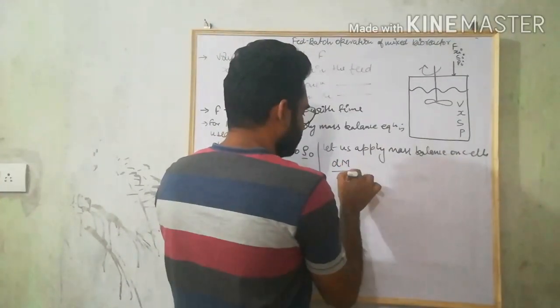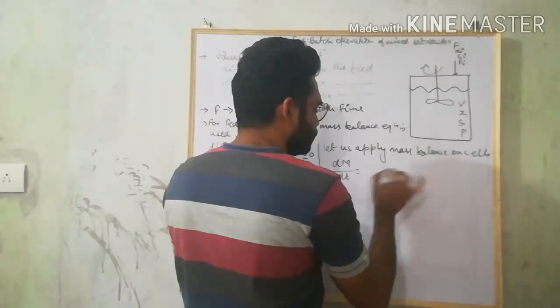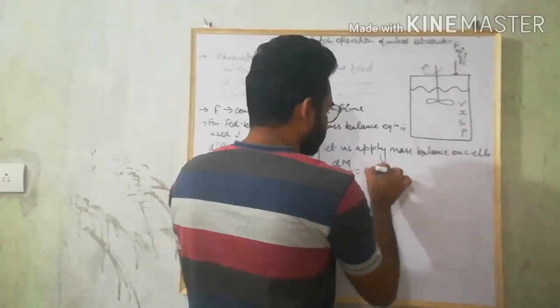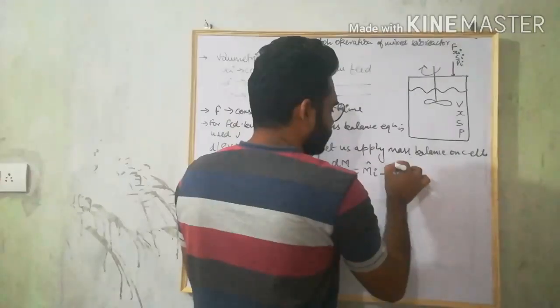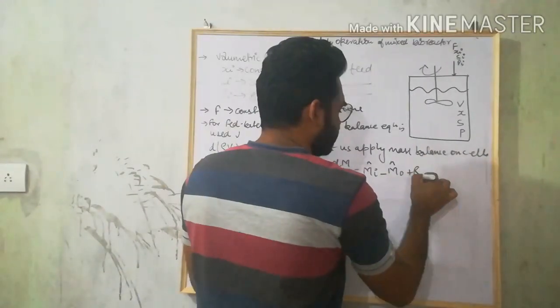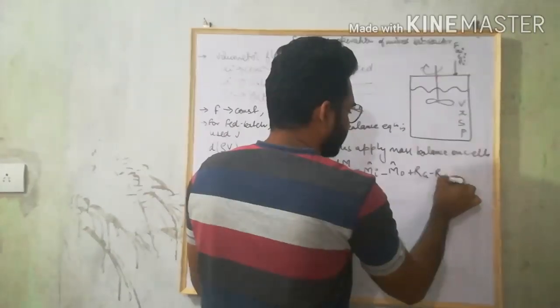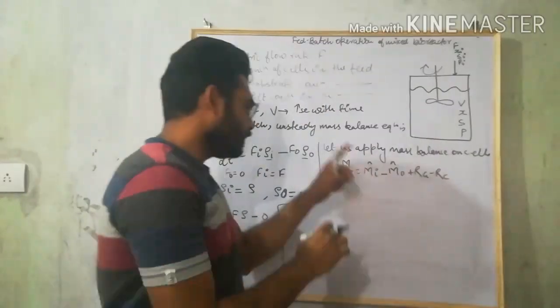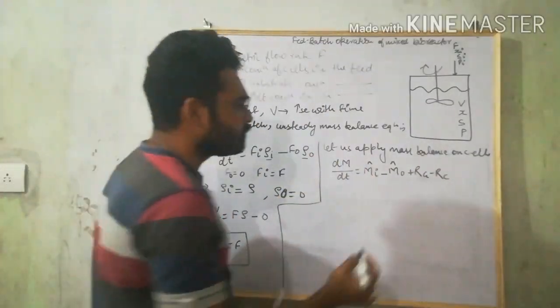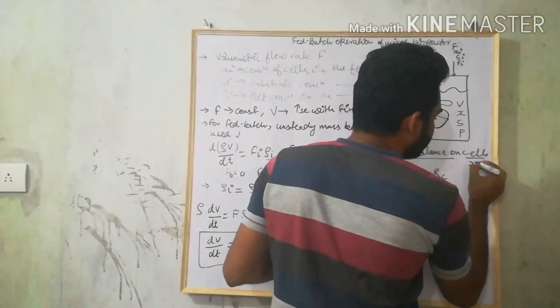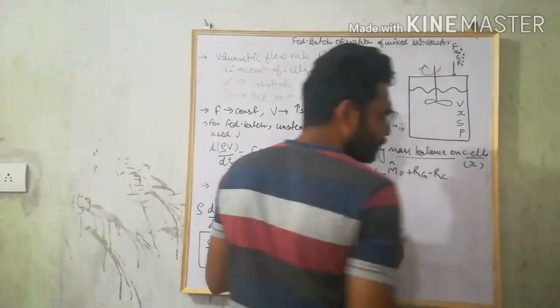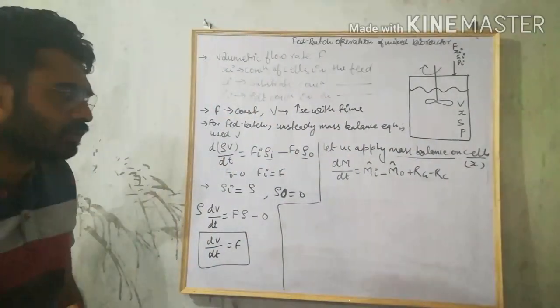dM by dt equals to what? Mi hat minus Mo hat plus rate of generation minus rate of consumption. Now we are performing the mass balance on cells. So what I mean is on X, that is biomass concentration, right?